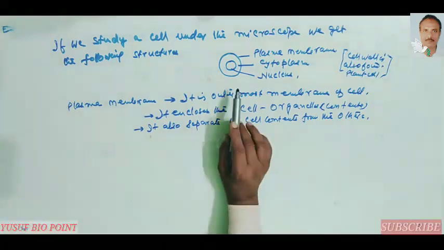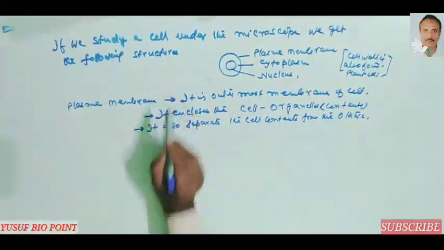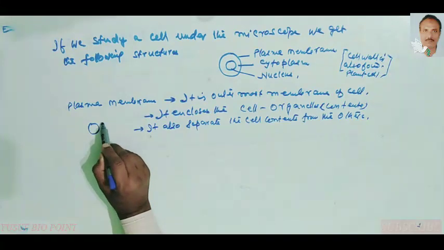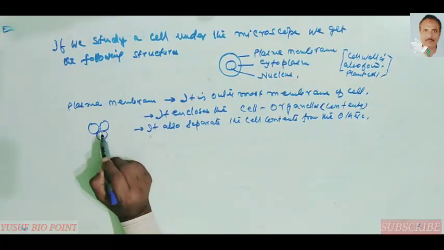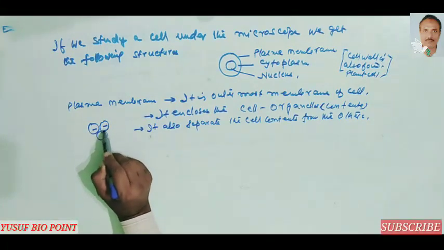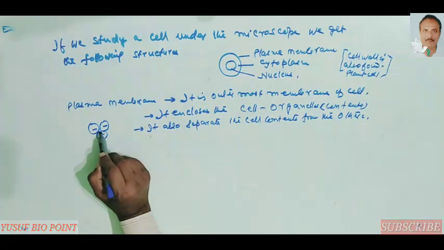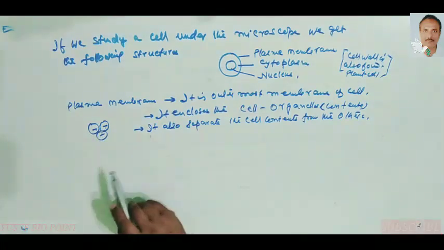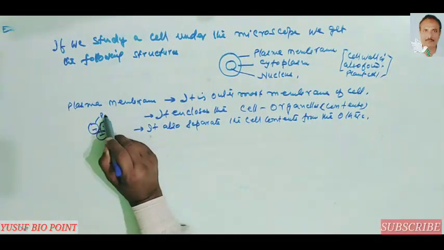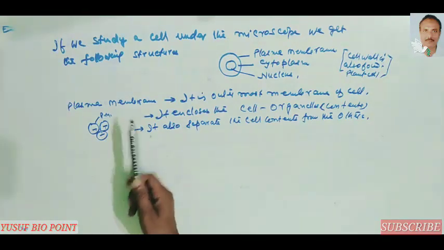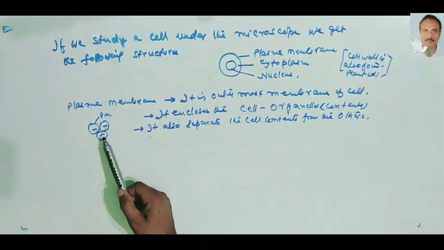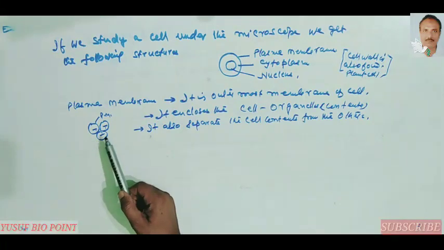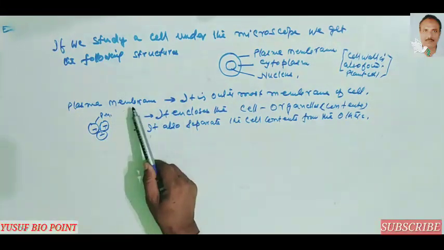Suppose this is one cell membrane, and next is this one. This is the contents, this is the contents, and they are all separated by this plasma membrane. In this way, the contents are separated from each other by the plasma membrane.